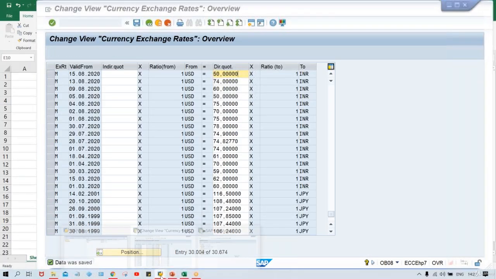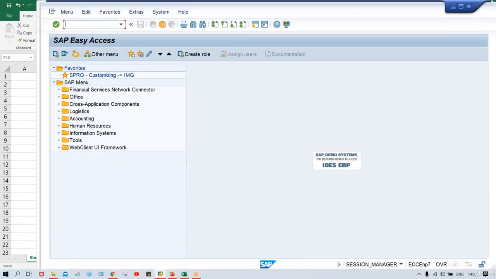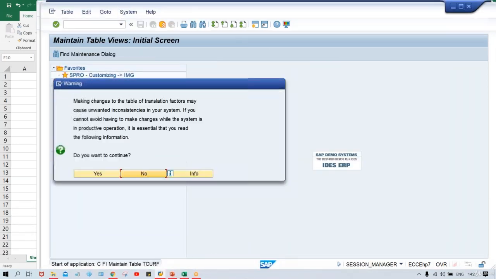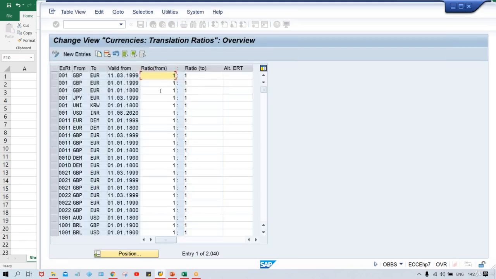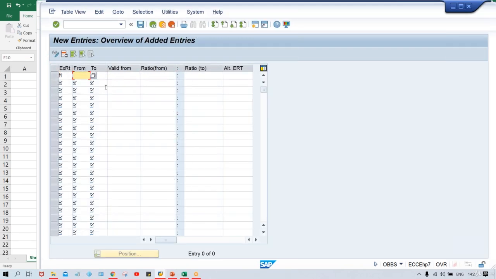If you talk about Iranian currency, then you just do one thing. Here, I'll first of all specify OBBS. We are going to specify the translation ratio, new entry, from, let's suppose, INR to IRR.